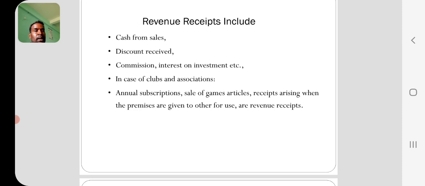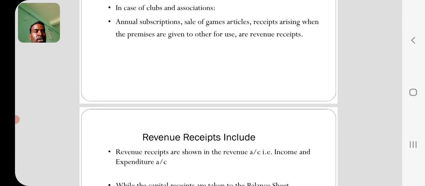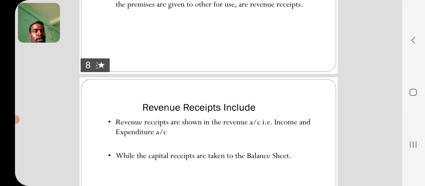In case of clubs and associations, annual subscriptions, sale of games, articles, and receipts arising when the premises are given to others for use are revenue receipts.